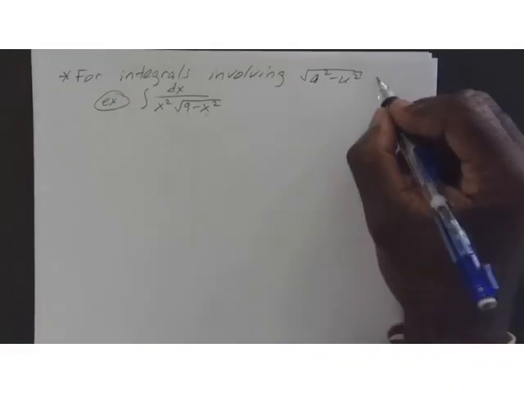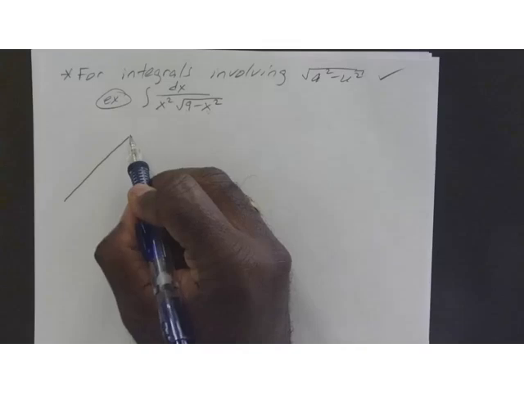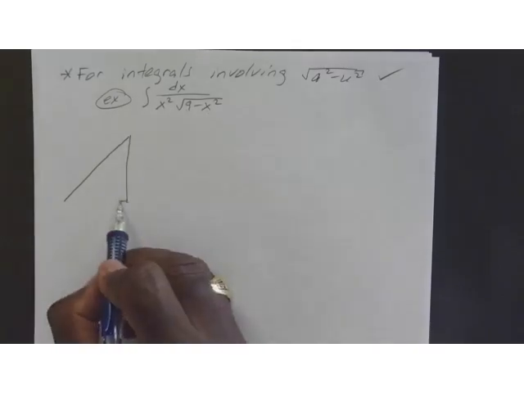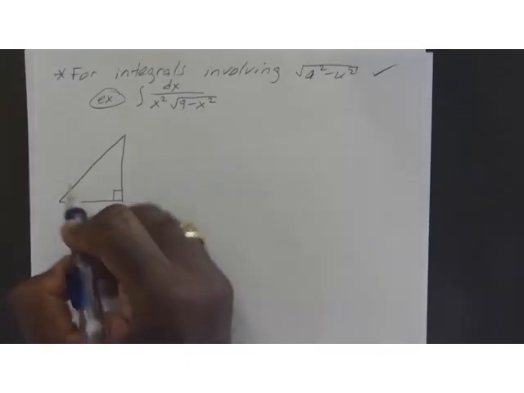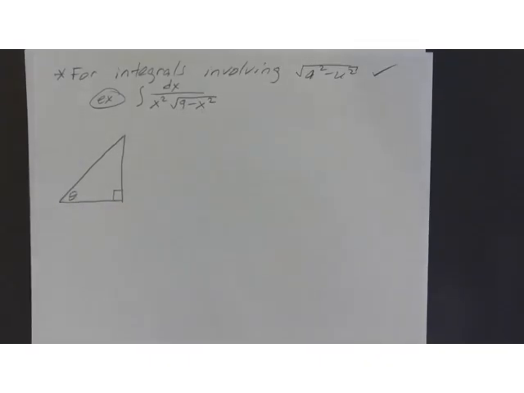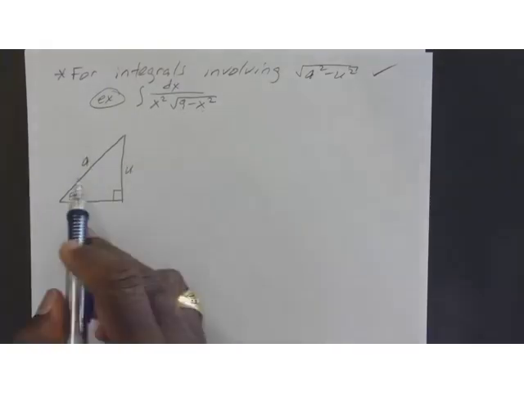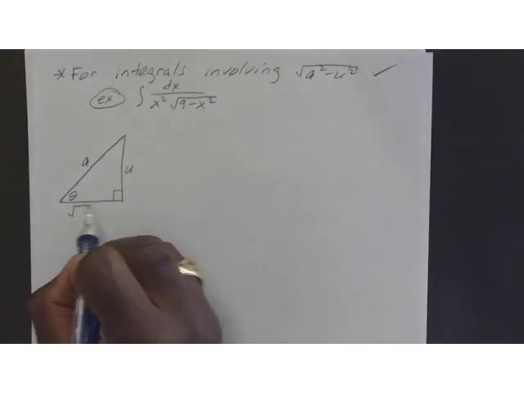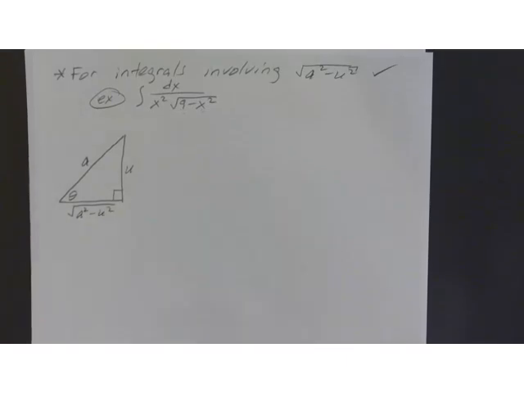Okay, so if you have a problem like this one, you have the right angle where you have your u, your a, and if you use the Pythagorean theorem, this side is the square root of a squared minus u squared.